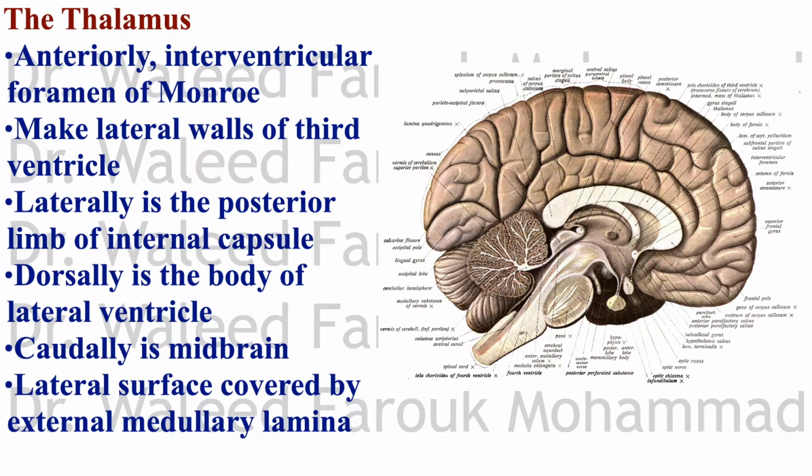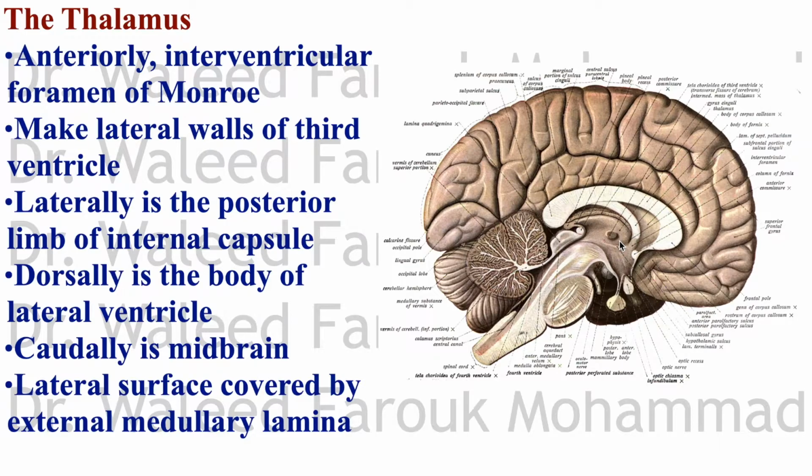The thalamus proper anteriorly is bounded by the interventricular foramen of Monro. This is the foramen of Monro. It makes the lateral walls of the third ventricle, and laterally, remember the horizontal section we studied, is the internal capsule.